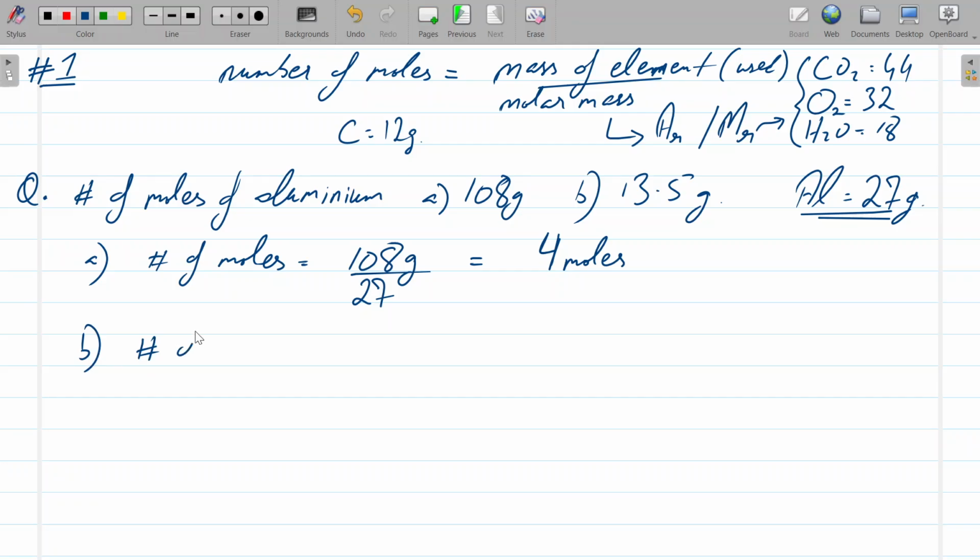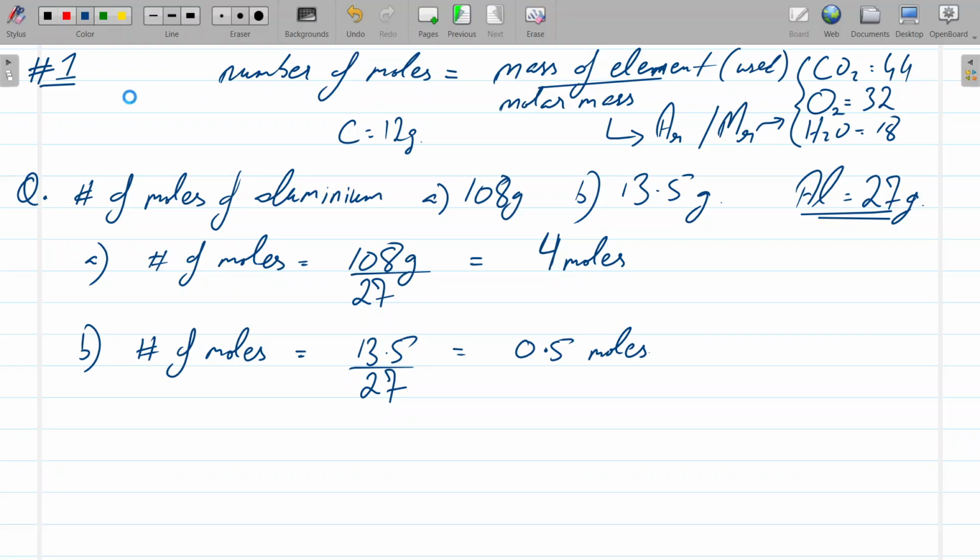Similarly, you've got 13.5, and again the molar mass doesn't change, so this is the mass you're concerned with, and this gives you 0.5 moles. Makes sense?